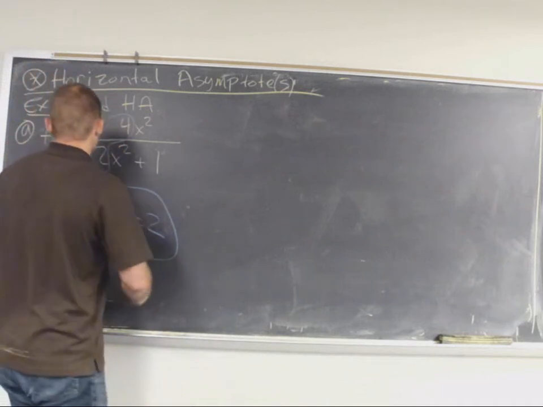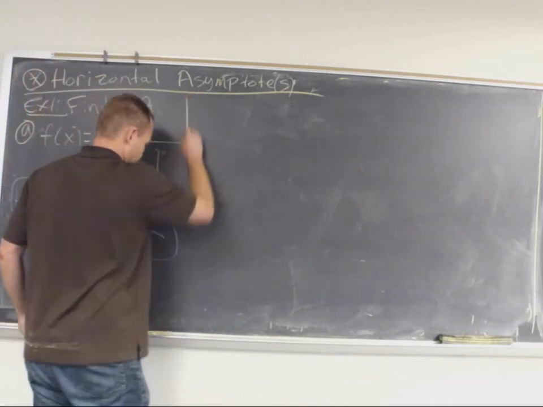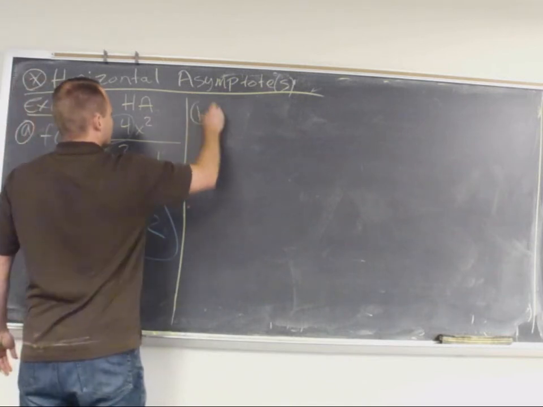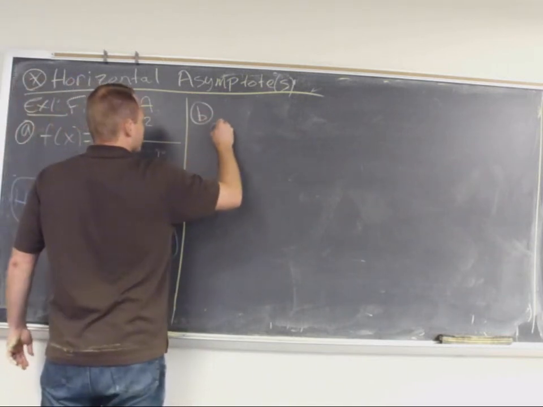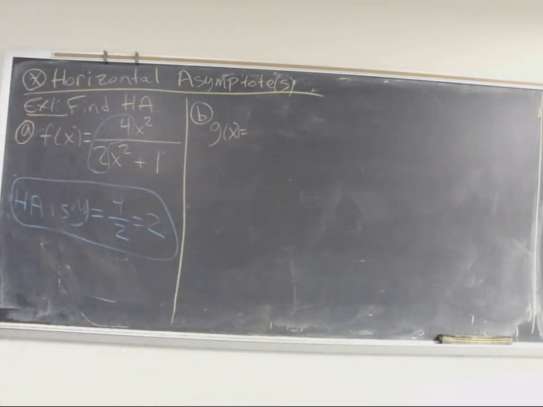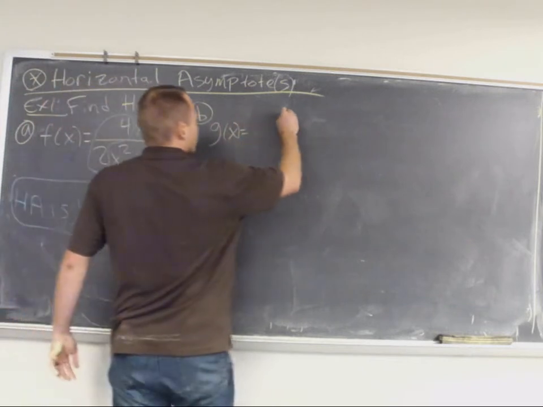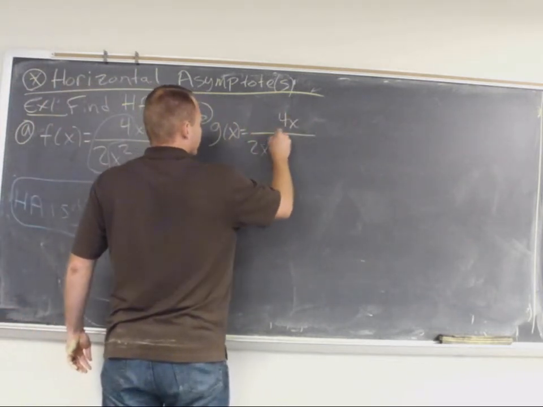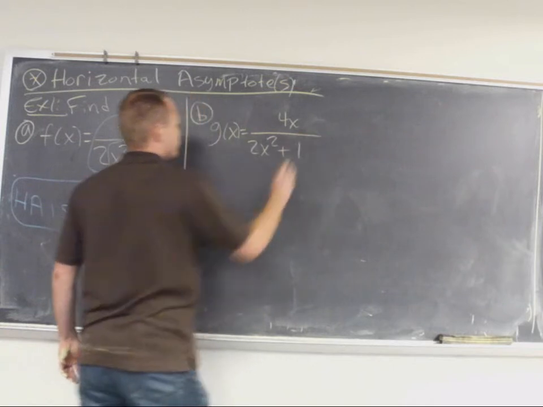All right. Now part B. Let's call this function g of x. I'm going to change up just one number here. On the top we're going to have 4x, and on the bottom is going to be the same, 2x squared plus 1.